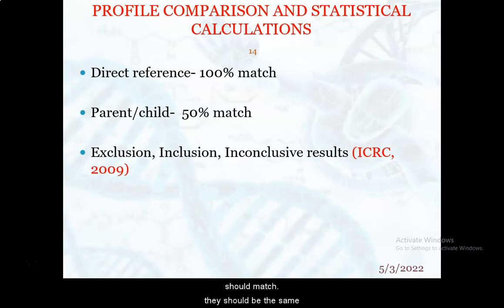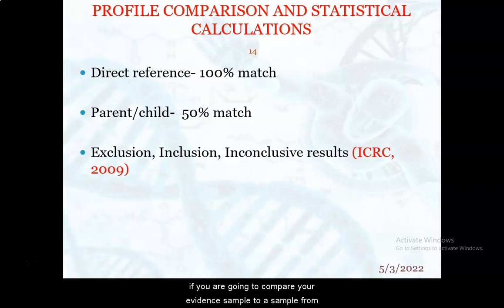They should be the same as your reference sample if the reference sample is coming from the deceased individual. If they match, then you can conclude that the individual in question, or the deceased person, is the person that you suspect.